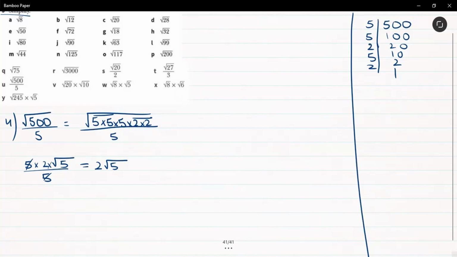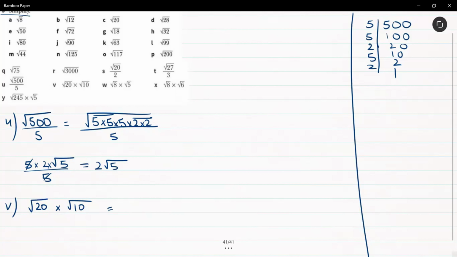Okay, proceeding on to part V. Part V is under root 10 multiplied by under root 20. We have discussed previously that this is equal to under root 20 multiplied by 10. Can we simplify under root 10?